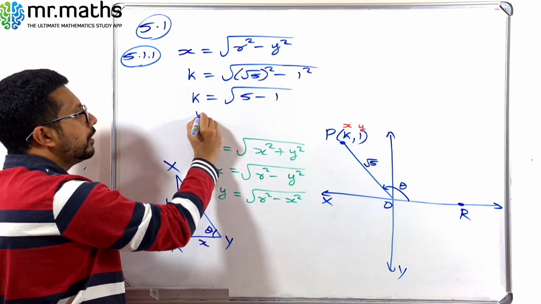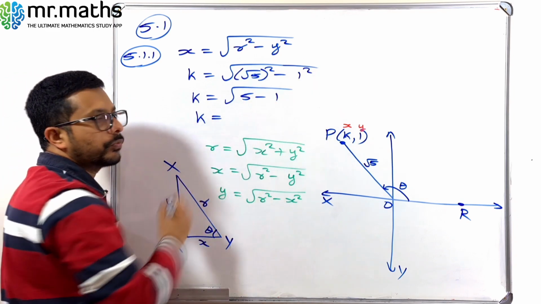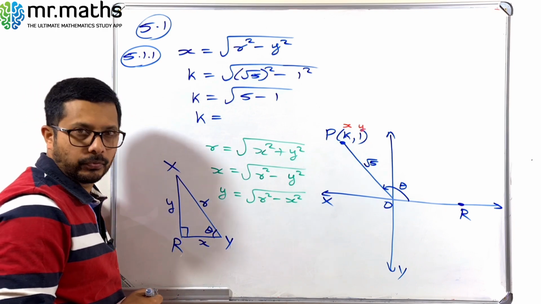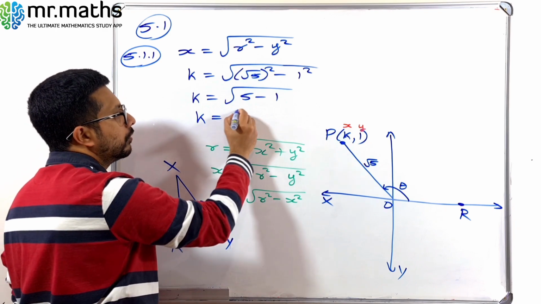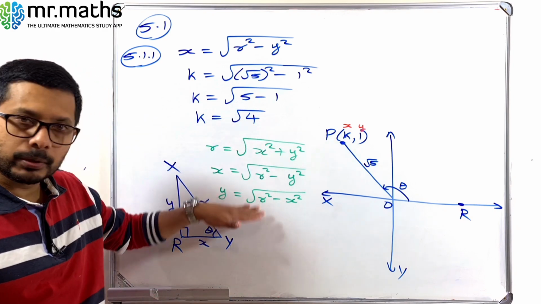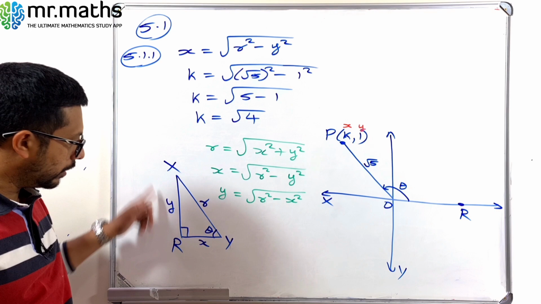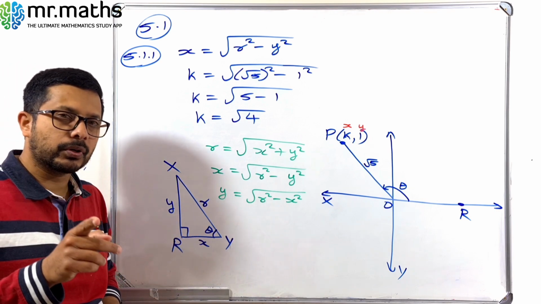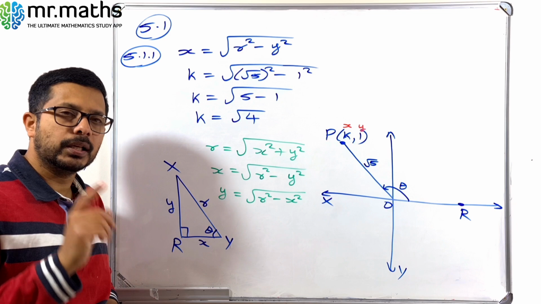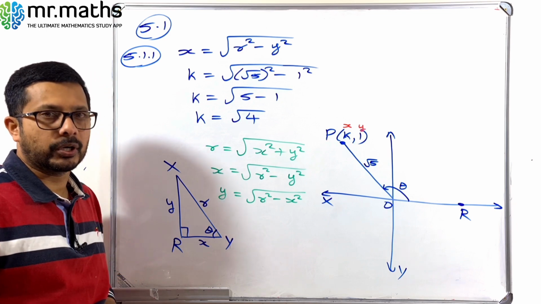So k is equal to root of 5 minus 1, which is 4. So root of 4. There is no need to write all of these steps. So guys, you have to remember this one with this diagram. X stands for adjacent side, Y stands for opposite side, and R stands for hypotenuse.